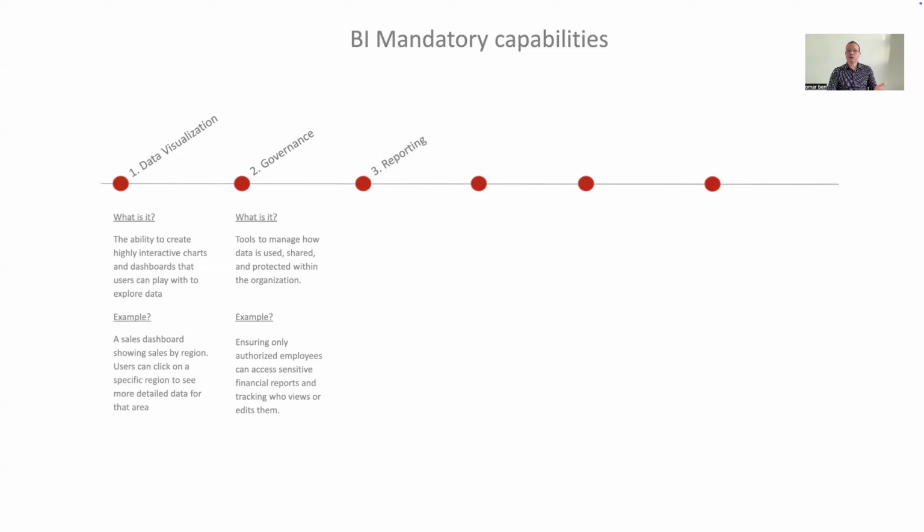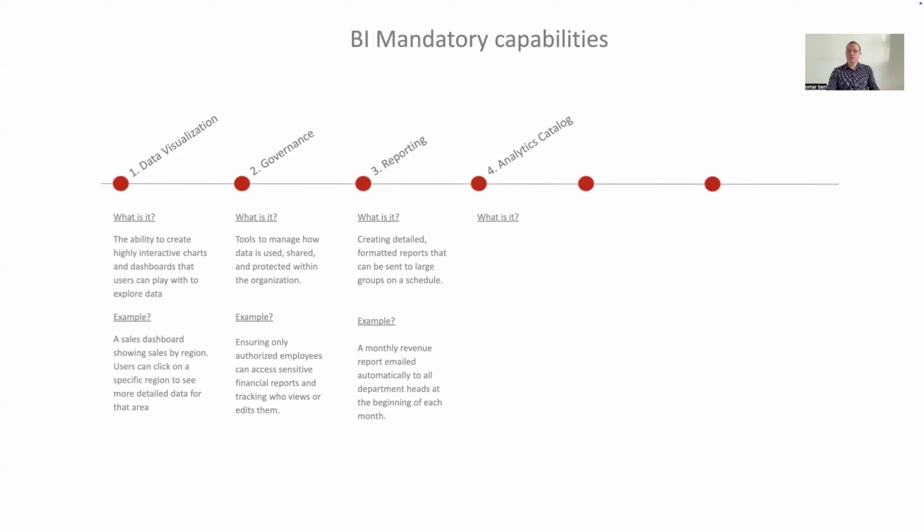The third capability is the reporting. And here it's self-explanatory. It's about having formatted reports that can be sent to groups on schedule. The example here is just a monthly revenue report automatically sent to the different department heads.